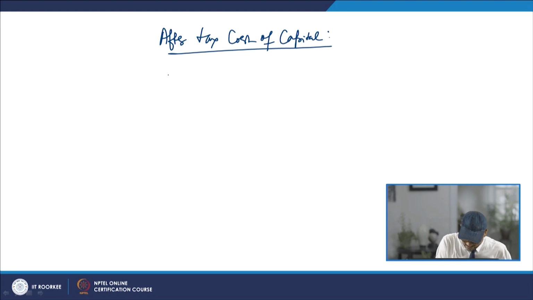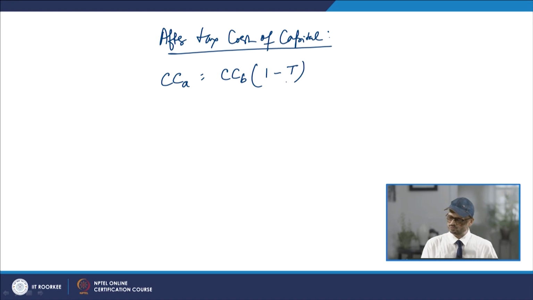So, after tax cost of capital, that is CCA, will be the before tax cost of capital multiplied by 1 minus T. So, T is the corporate tax rate.